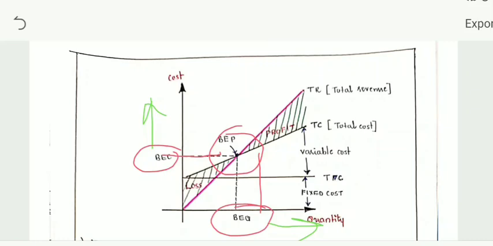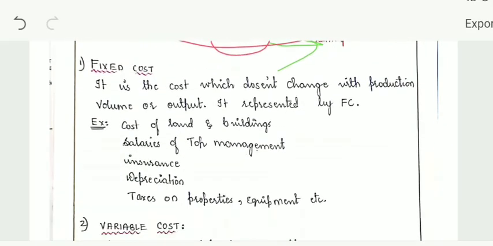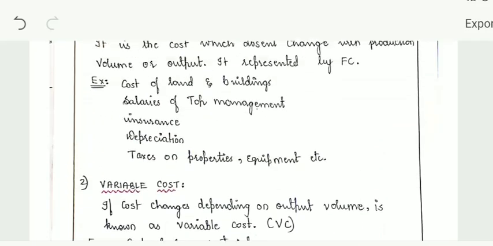To understand those numericals well, you should understand this graph well. So in your exam, if break even analysis is asked, you have to draw this graph, and after drawing the graph you need to explain the terms in depth like this.